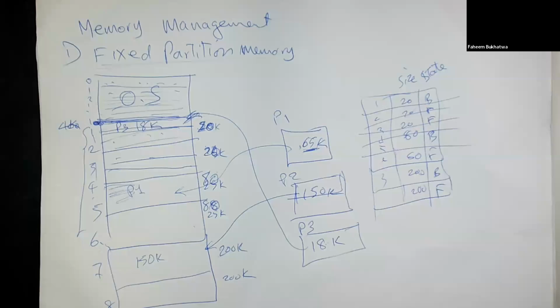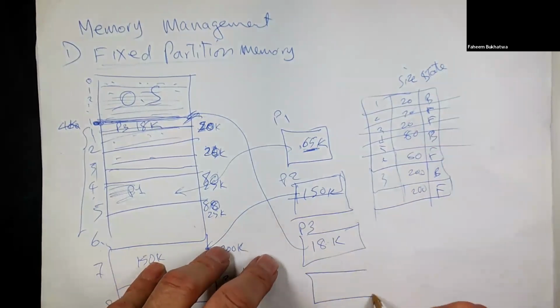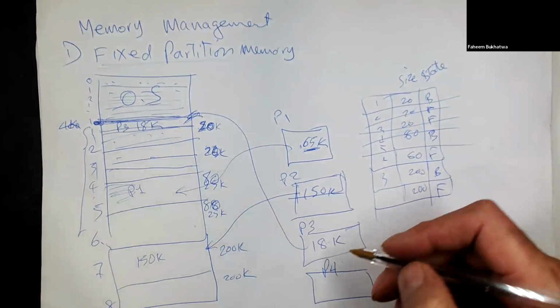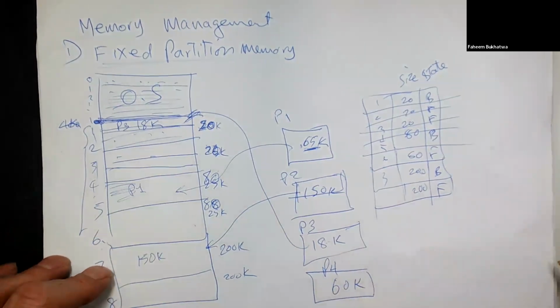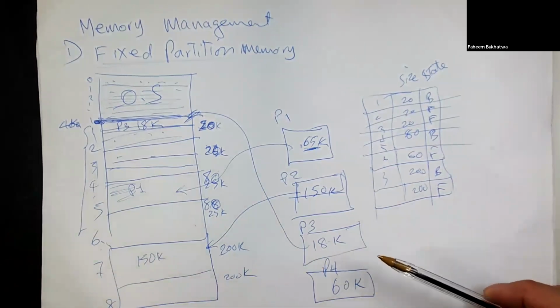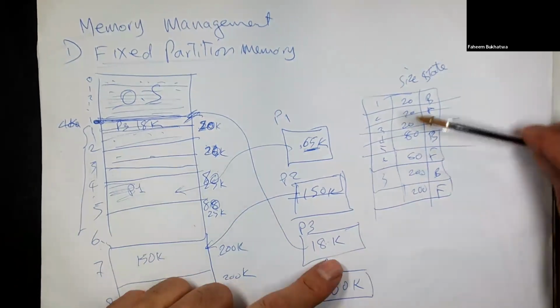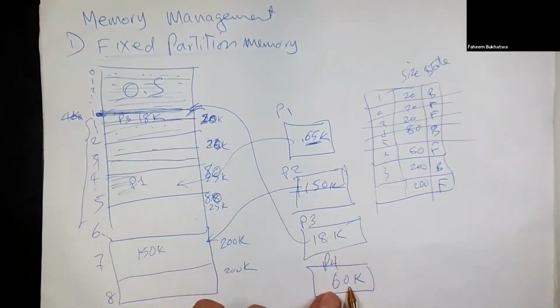So allocation, when we say the memory manager will allocate memory to a program, what do we mean? When a program comes in, let's say program number 4 now arrives, and it says it needs, for example, 60K. This is what the memory manager will do. This is the allocation part. It will look through the table for a block that will fit this program.